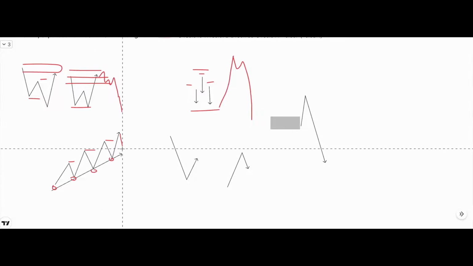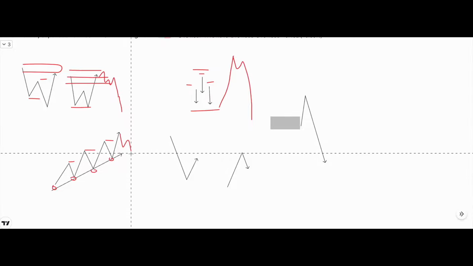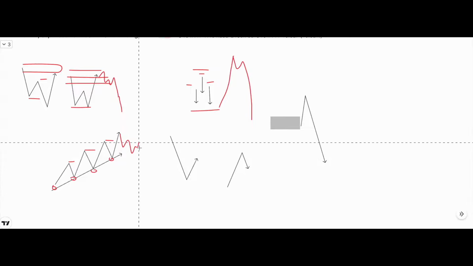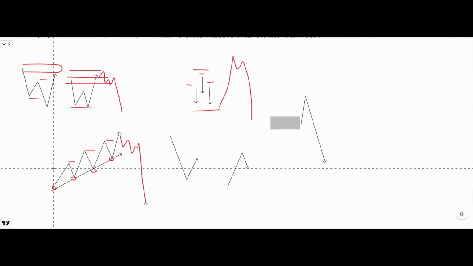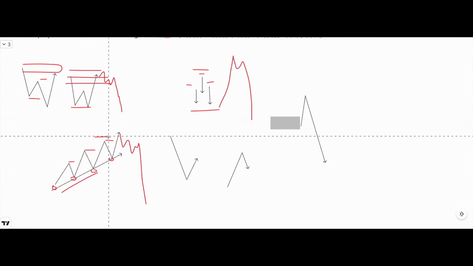Imagine if this happens, and then this happens. That weak low is taken out. Price is rebalanced, leaves a weak high, takes it out, continues lower. What happens when that happens? Price essentially has taken out liquidity both from sell side and buy side.